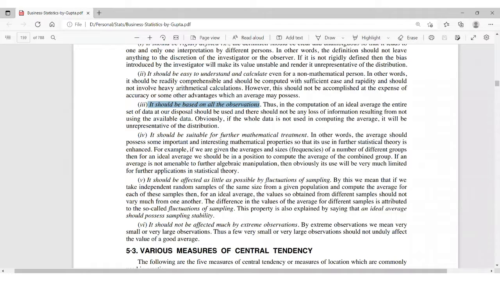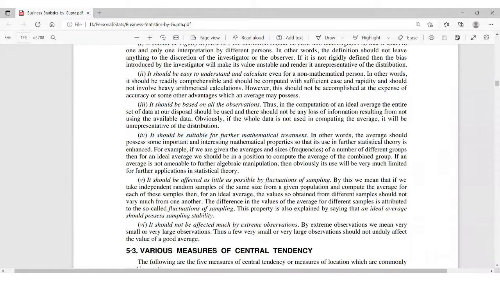Next, it should be suitable for further mathematical treatment. Whatever value we find, like the average, we can use it for further calculation also.